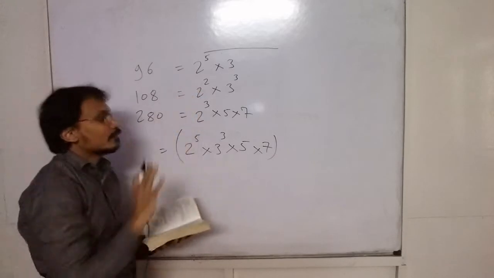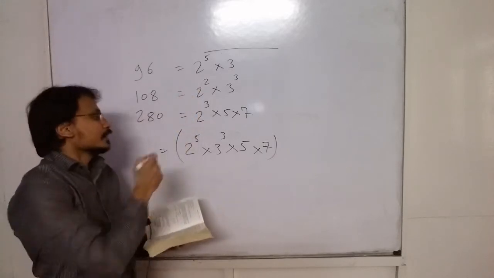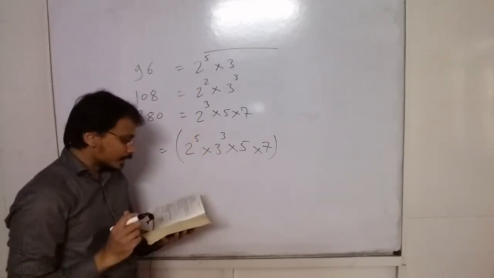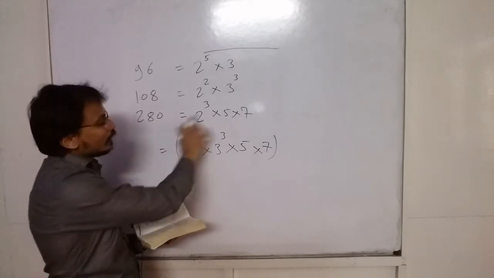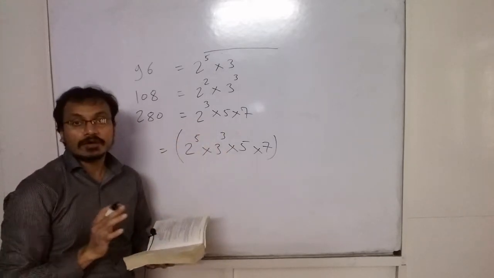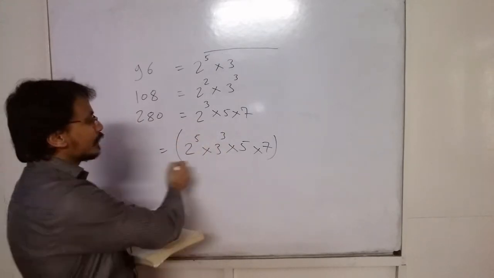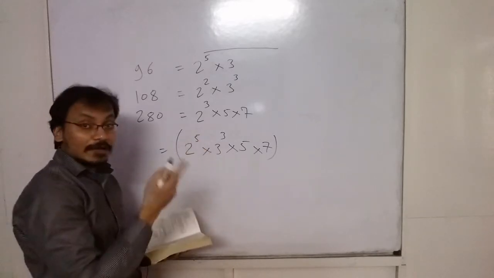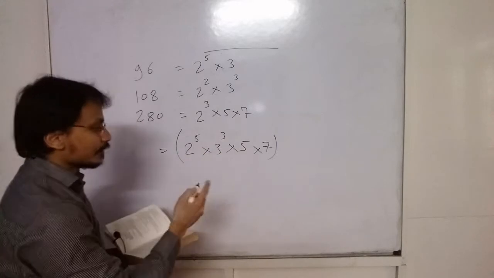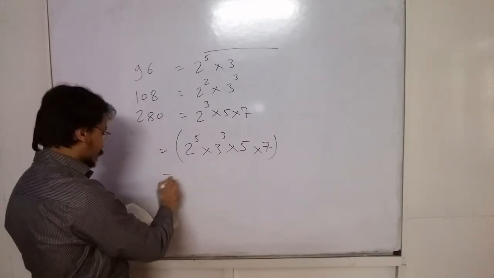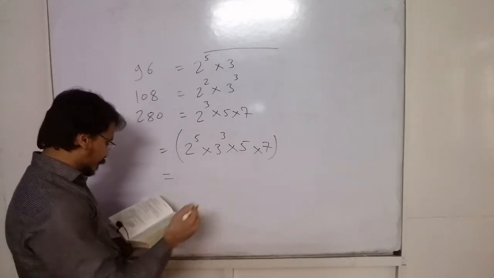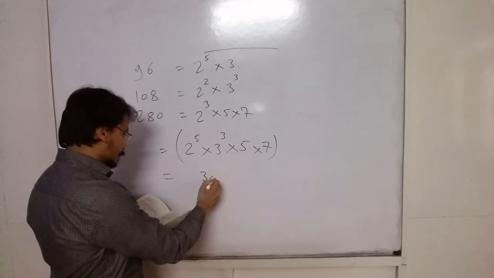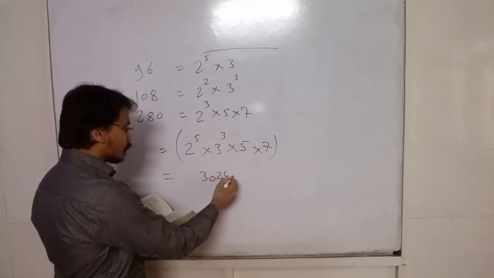Means first of all we have factorized them, and then we have taken the highest power of all the factors. Then multiply these things, like 2 five times, and 3 three times, then 5 and 7. So just calculate them. You'll be getting 30240.